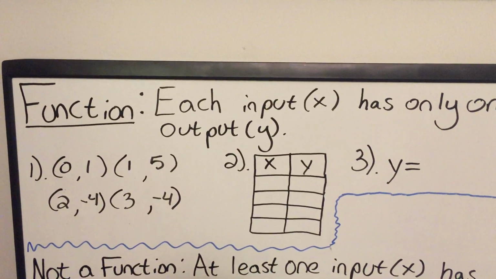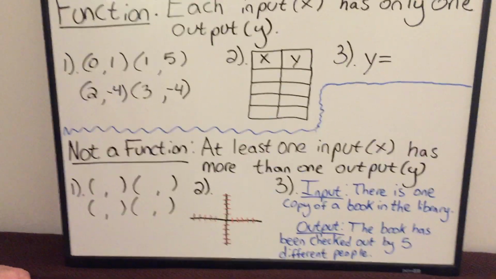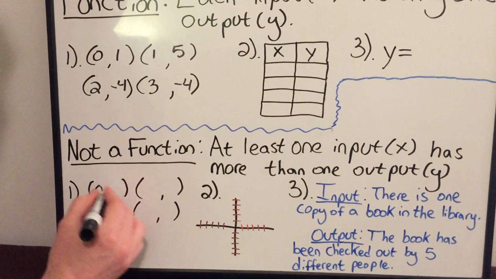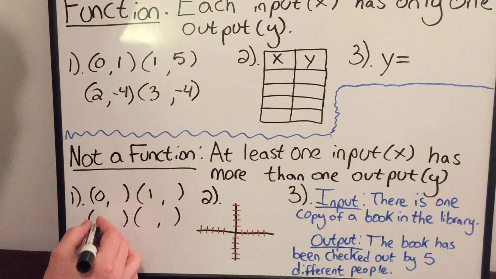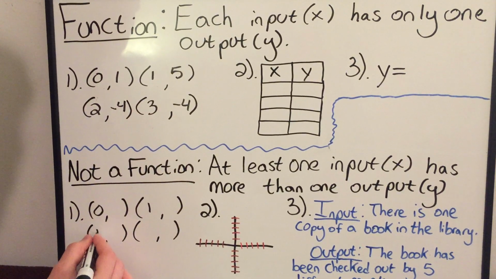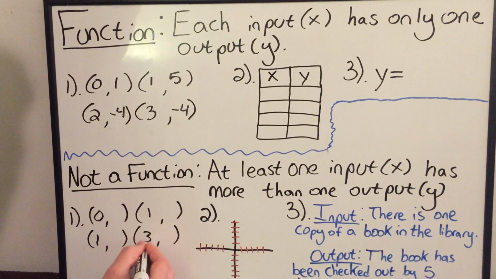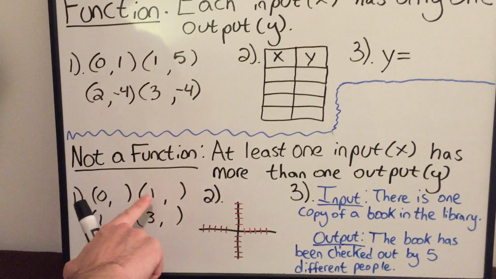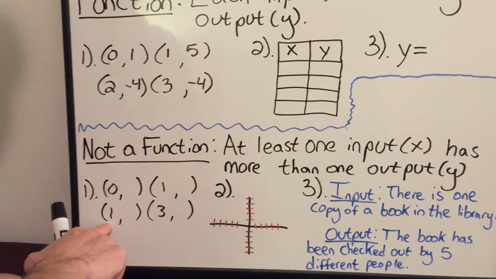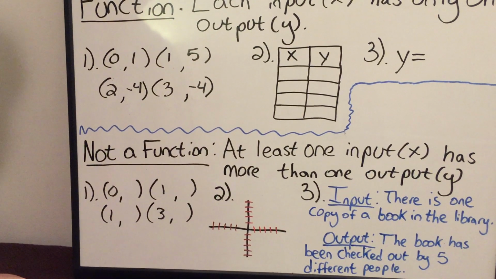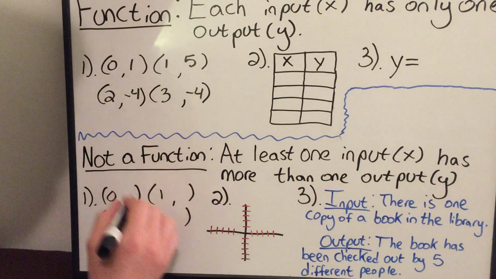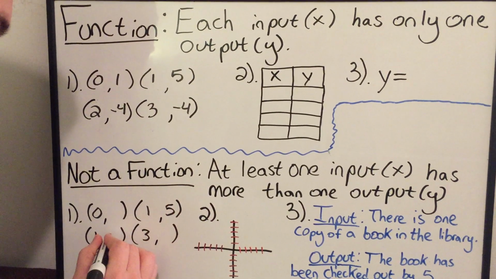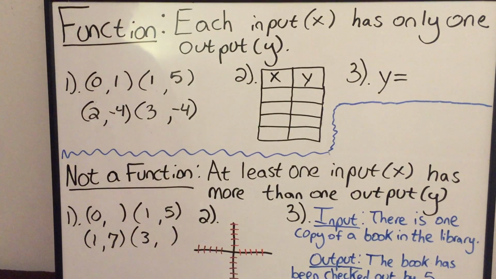Now, what would be a case where the ordered pairs are not a function? Let's say I'm writing down these numbers, 0, 1, but maybe instead of 2, I place another 1 right there, and then I place my 3 like I had before. This is an issue, potentially, because we have 2 x values that are exactly the same. The moment this becomes not a function is where, let's say I put 5 here, but I put a 7 right there.